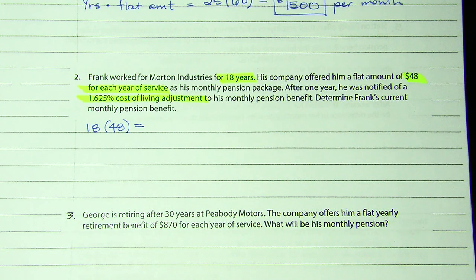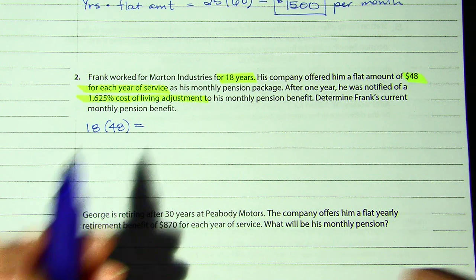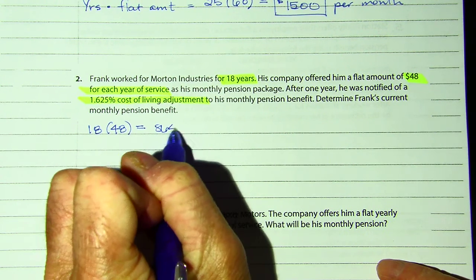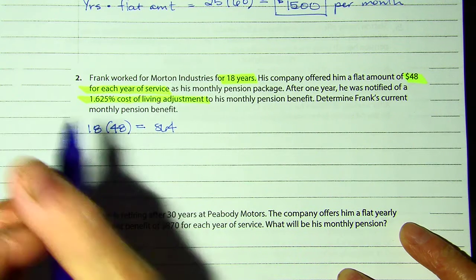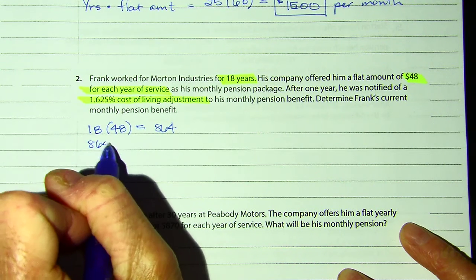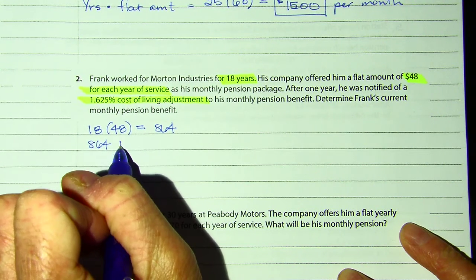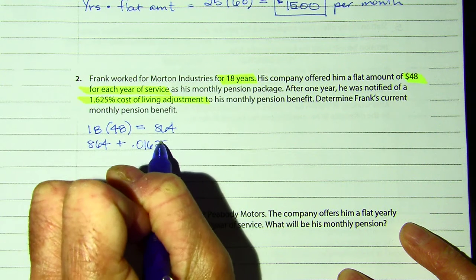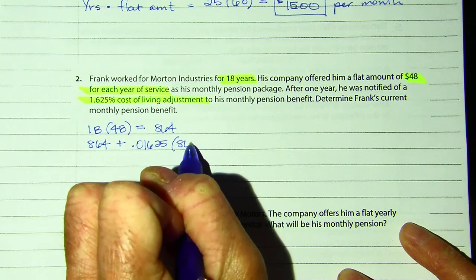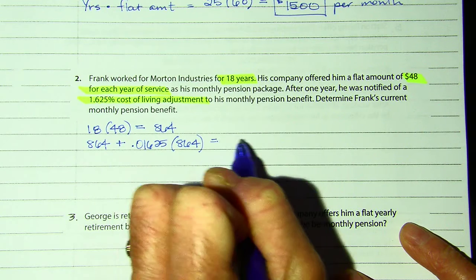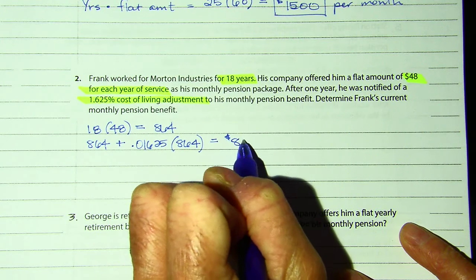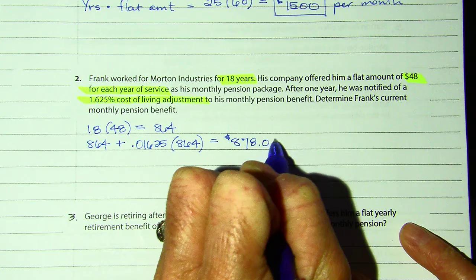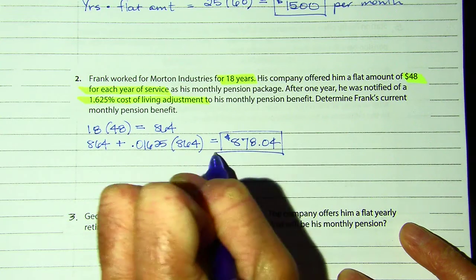So 18 years times 48, that's $864 a month. But after the first year, there was an increase. So it would be $864 plus 0.01625 times $864. And that would give us, after his first year, he's now going to receive $878.04 per month.